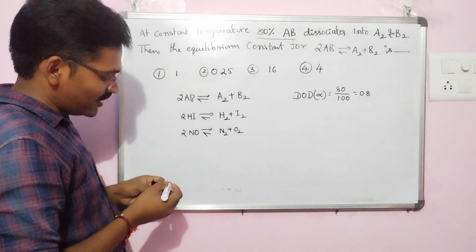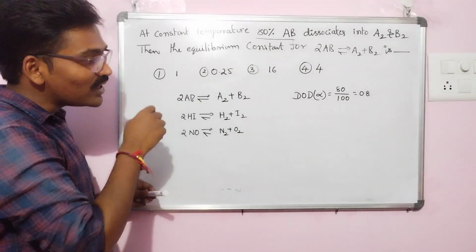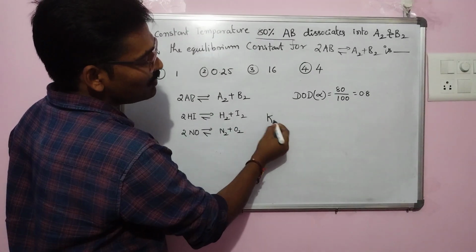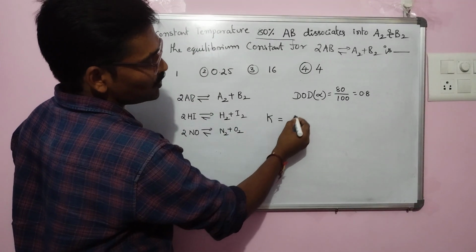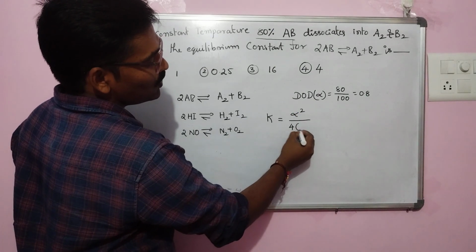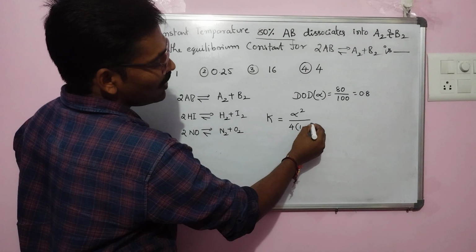For such reactions, we can use one formula directly: equilibrium constant K equals alpha square divided by 4 into (1 minus alpha) whole square.